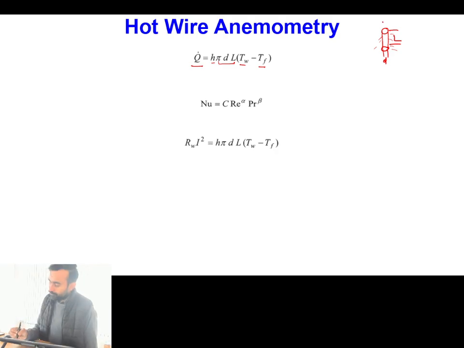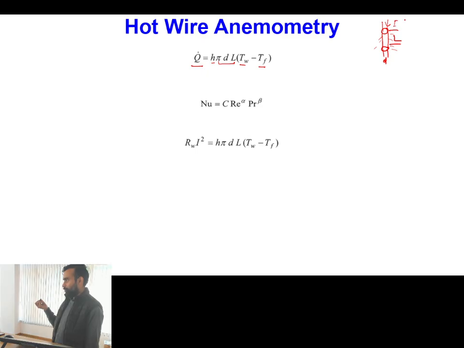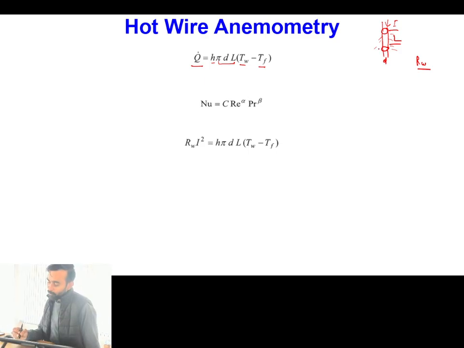Now, whenever we have this wire, we have to maintain this wire at a certain temperature, then only there will be heat transfer. So from here I will be supplying a certain amount of current also. Okay, so if R_w is the resistance of the wire and I is the amount of current which is flowing across the wire, and if I assume that I am operating the wire in such a way so that the temperature of the wire is maintained constant.